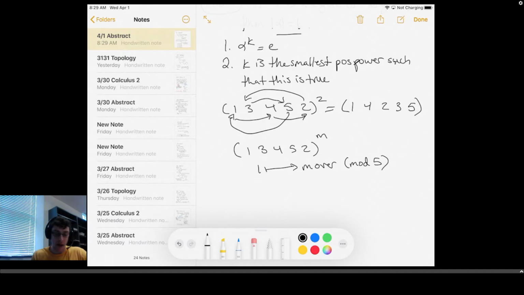Well, there aren't 8 things, so it really just means it went 1, 2, 3, 4, back to its original, which is like 0 mod 5, 1, 2, 3. So it would end up being here. So if m equals 8, 1 goes to 5, because really it's like going 3 over.